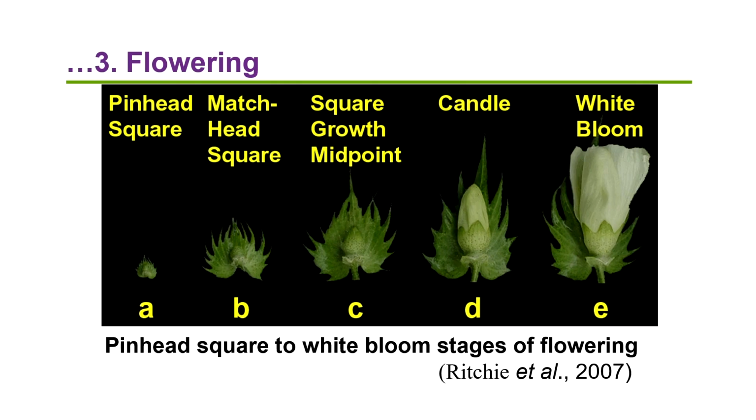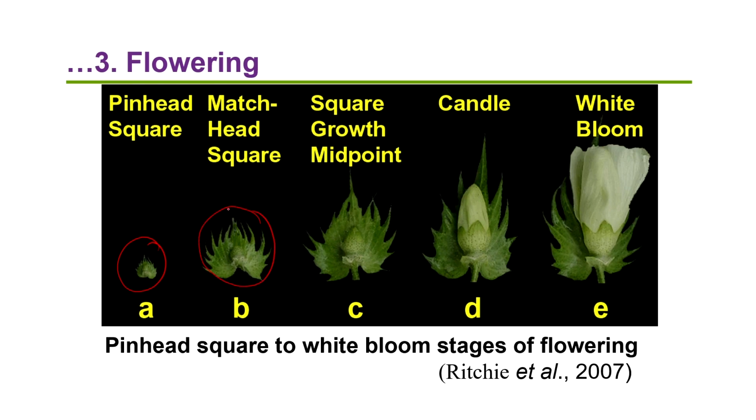Now you can see very clearly in this picture the development of a square into a white bloom or flower. So here are the stages of flowering from pinhead square to white bloom. First, A is your pinhead square, a very small square or floral bud, and then the match head square.